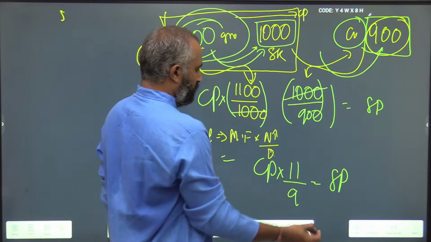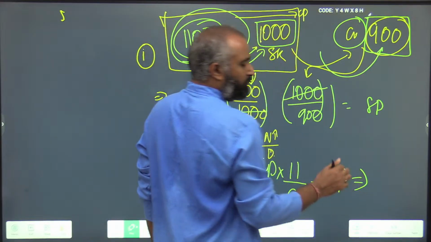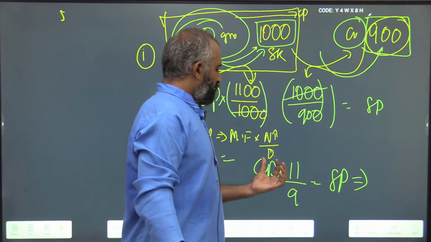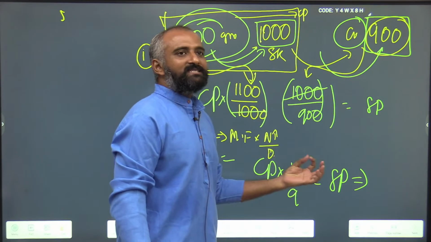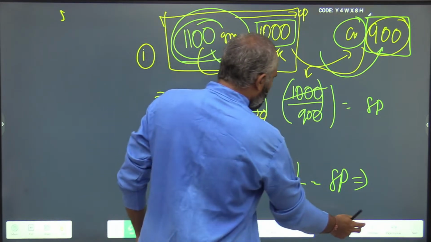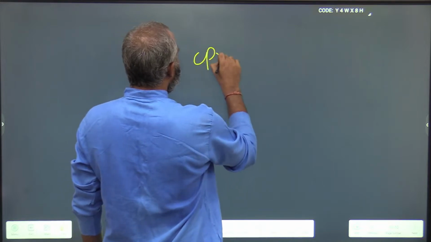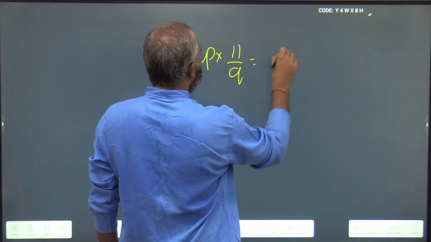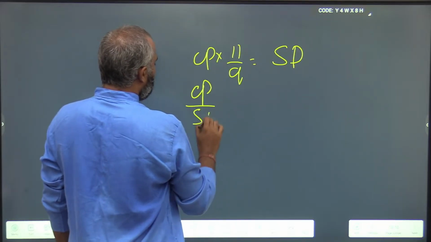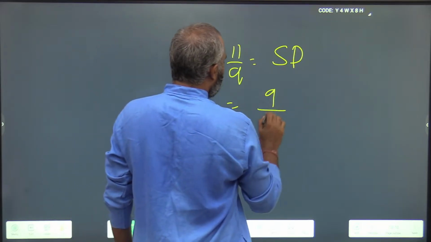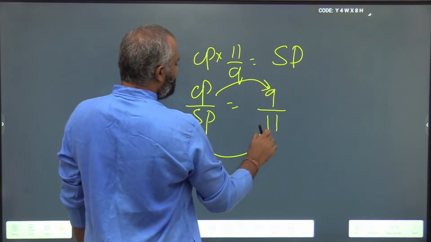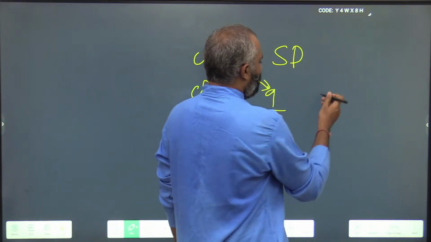In the last session we dealt with how to see profit nothing but as a relationship between cost price and selling price. Now form your cost price and selling price. CP into 11 by 9 is equal to SP. So what will be your CP by SP? It will be nothing but 9 by 11. So if your cost price is 9 units, he is selling them at 11 units. So what is the profit?